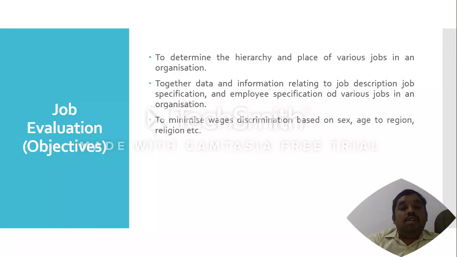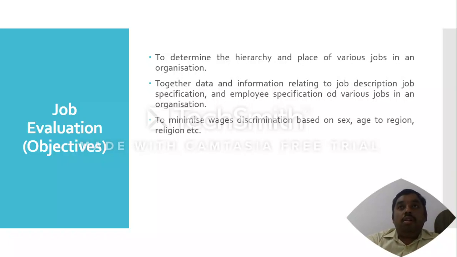And the third one, it says to minimize wage discrimination based on sex, age, region, religion, etc. Means what? There should not be any discrimination based on age or sex when fixing wages, that means salaries.